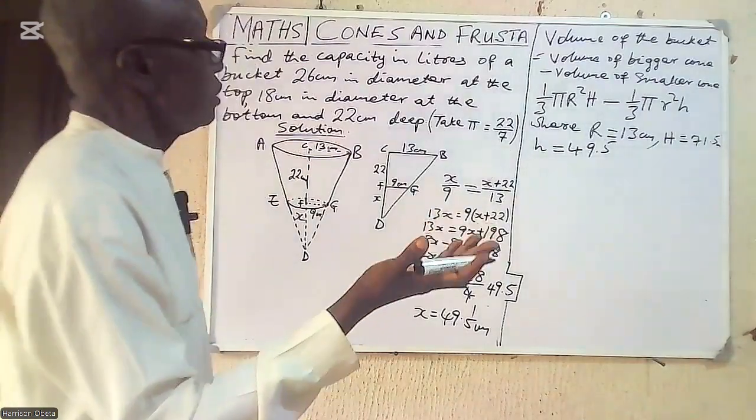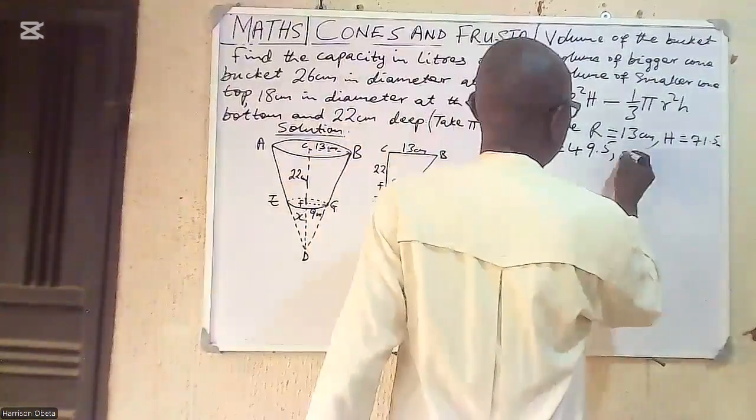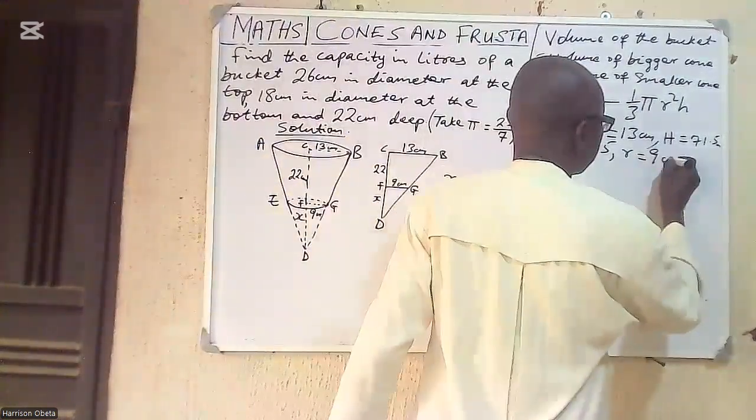We already know our small r, our small r is 9.